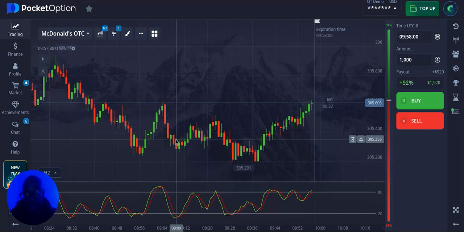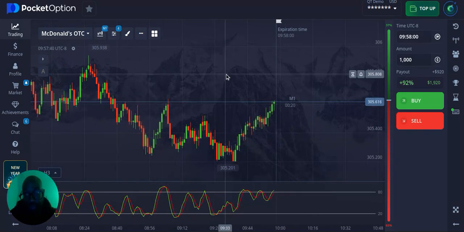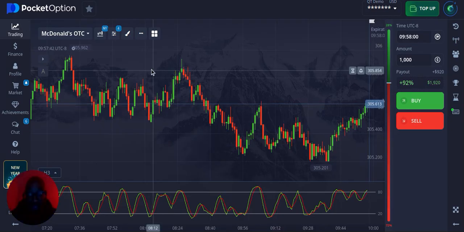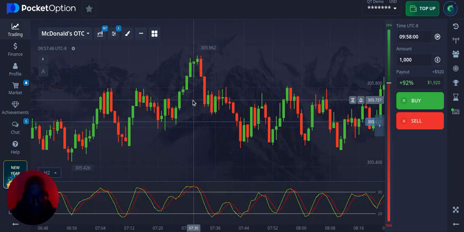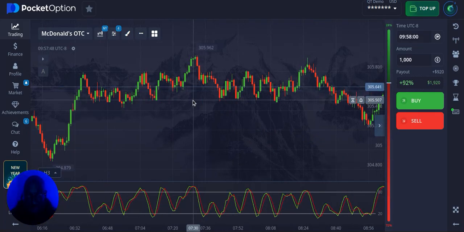Doji candles, as well as morning and evening star. I don't see any small dojis to show you.